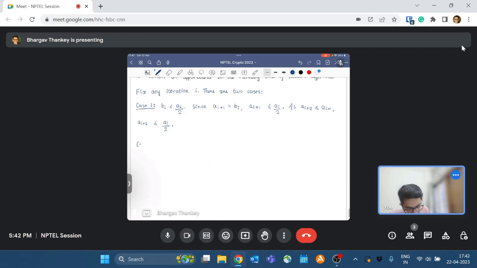case 2 is the negation of case 1. Okay, so BI is greater than AI over 2. That means that AI mod BI is just AI minus BI, and this is less than or equal to AI minus AI over 2.